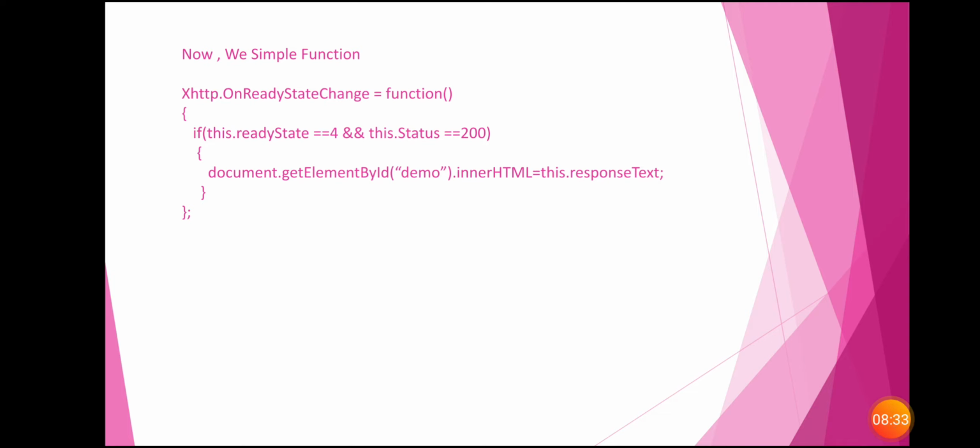We are executing this anonymous function when the readyState change event triggers or the readyState value changes. If the value of readyState is 4 and status is 200, we are just modifying the innerHTML of the ID demo with the response that is returned from the server.